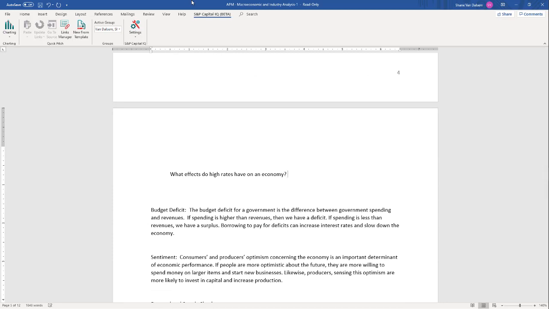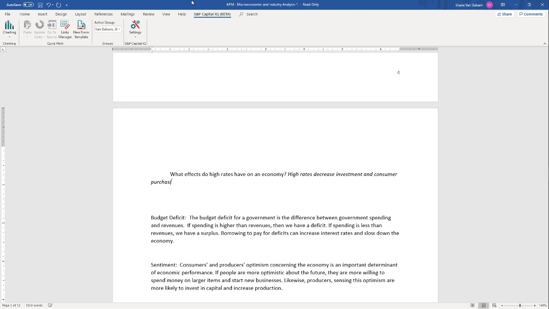High rates decrease investment and consumer purchasing of large items. Really anything that has to be financed is less likely to happen.